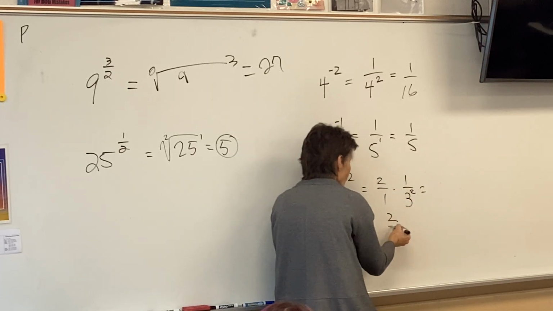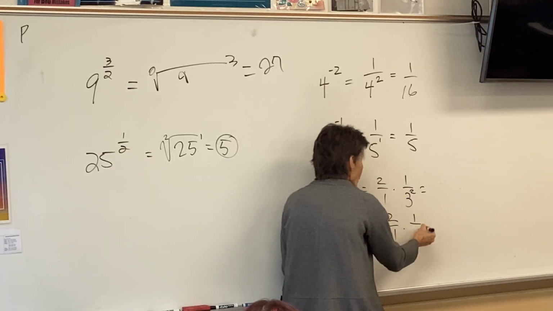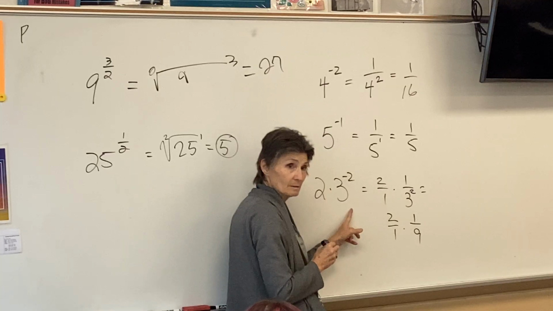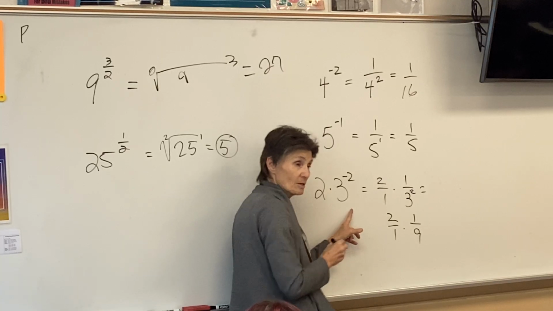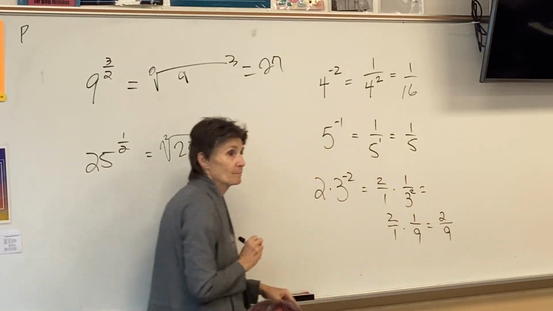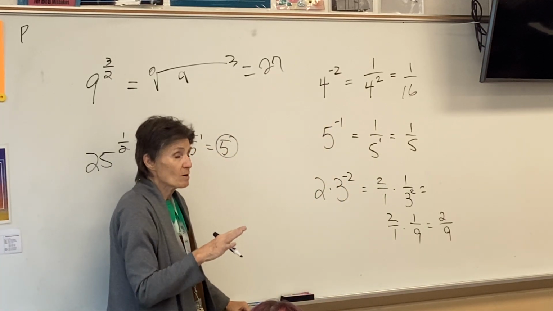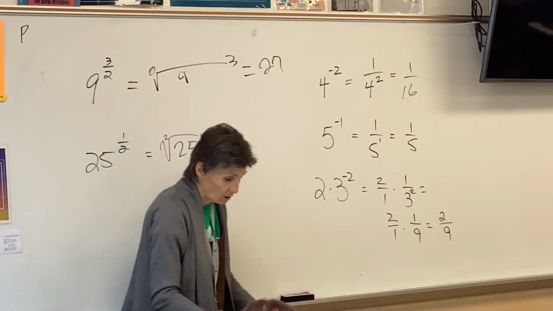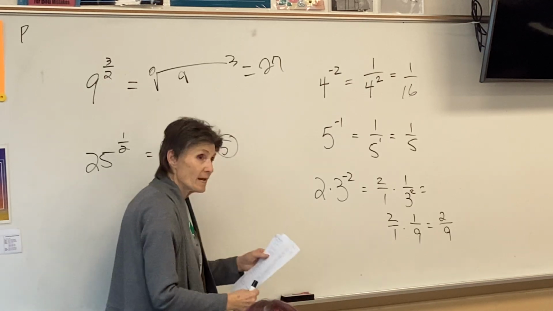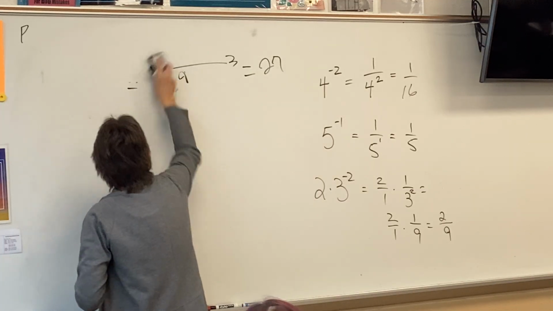So I have my 2 over 1 times 1 over 9. So the answer is 2/9. If it's a regular number with no negative exponent, then you leave it alone. You only change it if it has a negative exponent.